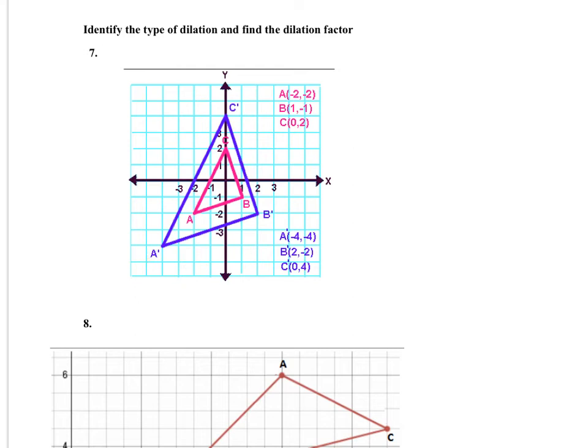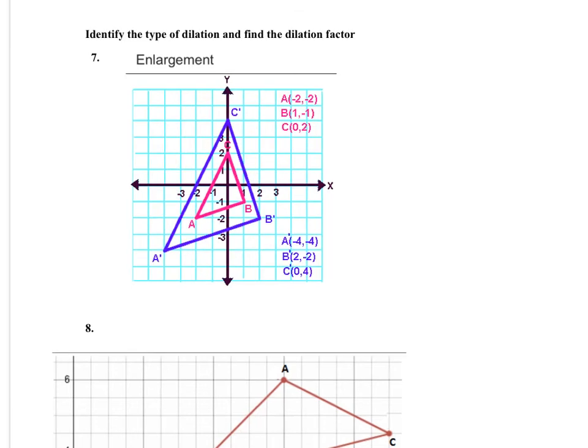So right away you can identify that it is an enlargement. Now we have to figure out what the scale factor is. As for the scale factor, we need to compare the two sets of ordered pairs. We need to figure out how the original x and y coordinates got to the image x and y coordinates.